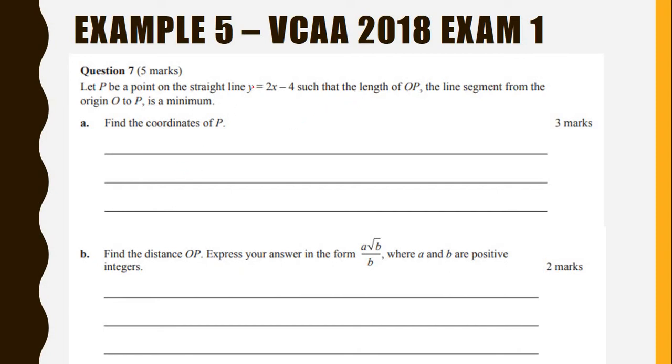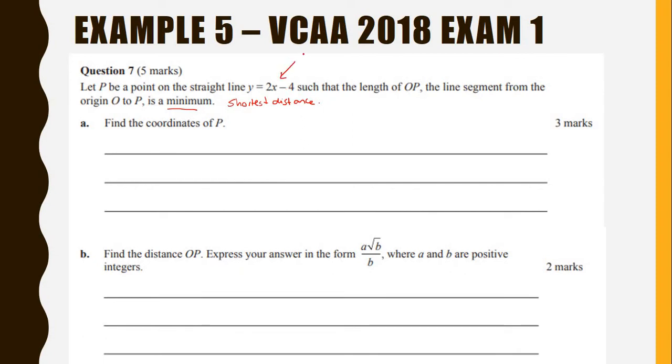So we want P to be a point on the straight line y equals 2x minus 4 such that the length of OP, of the line segment from O to P, is a minimum. So if I want the line segment to be a minimum, that means we're wanting to find the shortest distance. Let's sketch this so we can see what it looks like.